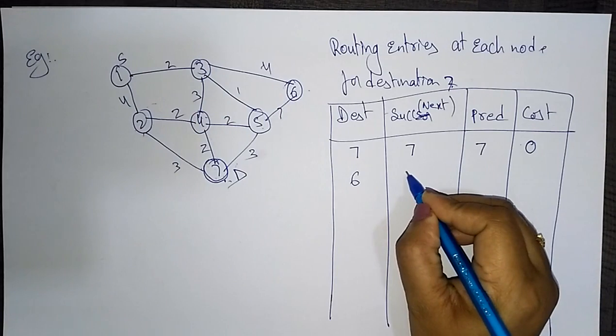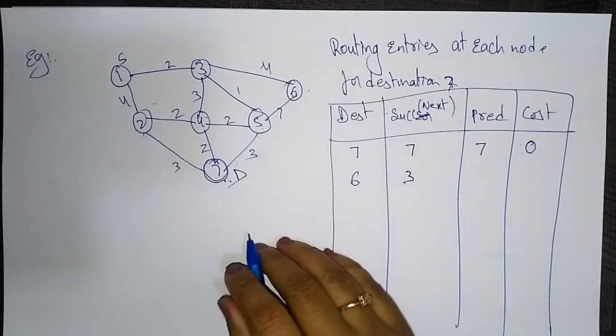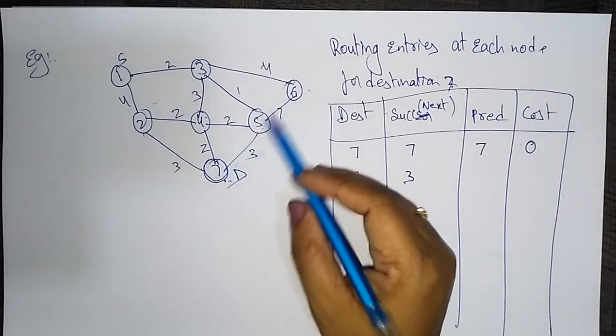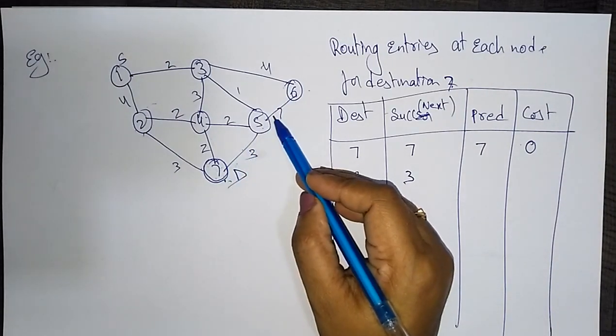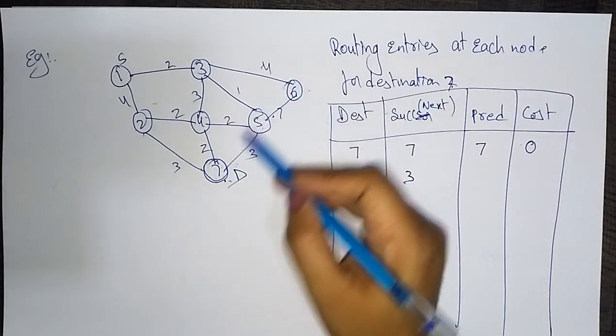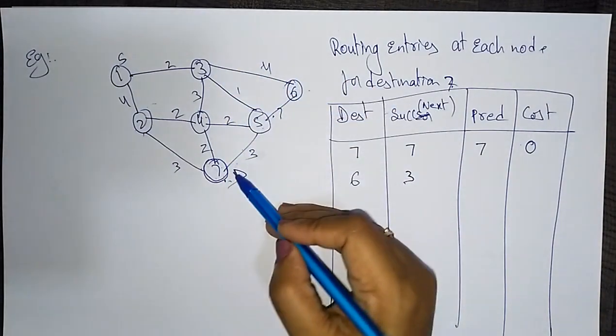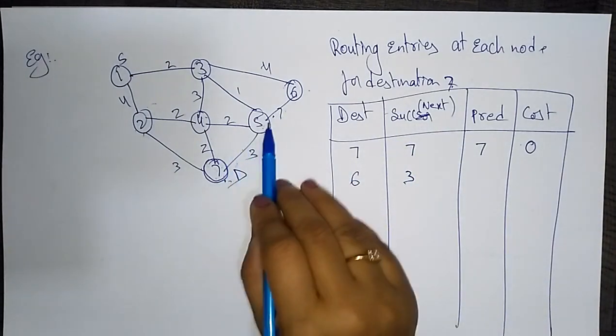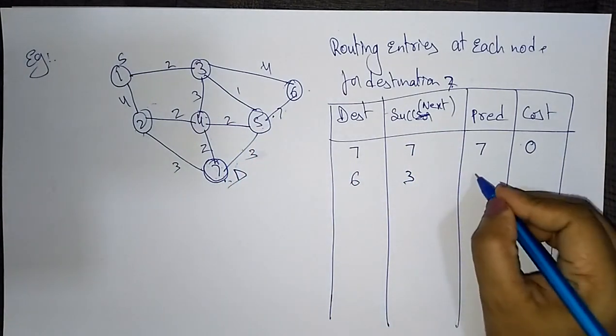So the successor is 3. The predecessor, obviously it is coming from this route, because only 2 links are there. If it comes the other way, it has to follow 4 links, and that is a long distance. We need to take the shortest distance. So the predecessor, from where it comes, is 5.